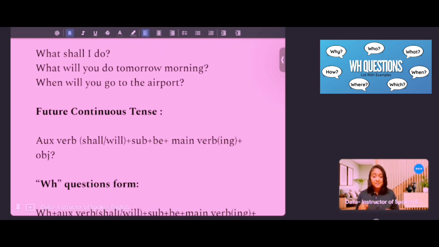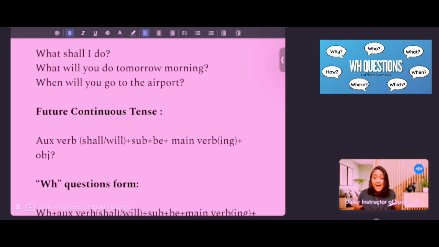First, look at the first sentence. Here, I have used the basic interrogative sentence structure of future continuous tense. As I always say, for an interrogative sentence, the auxiliary verb will always come first, and I have followed exactly the same rule here. So, first the auxiliary verb shall or will according to the subject, plus be, plus the main verb with ing, plus the object or the rest of the sentence. So this is the structure of a general interrogative sentence of future continuous tense.